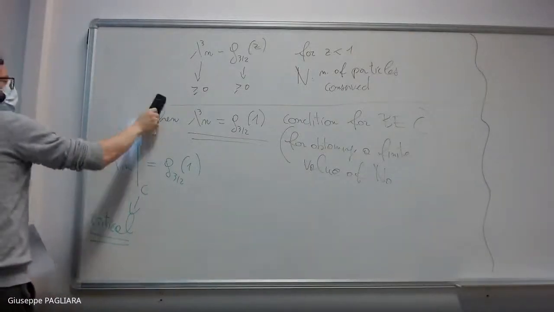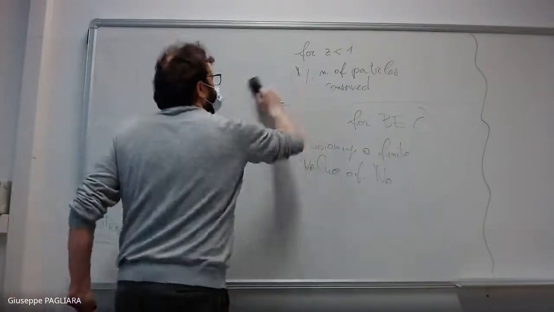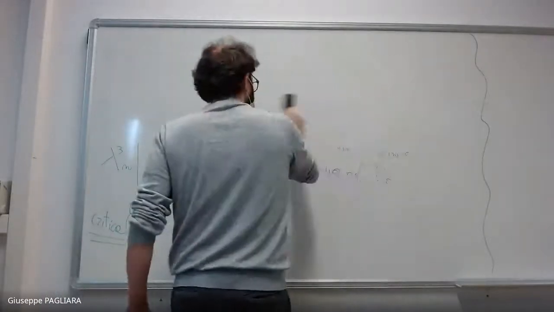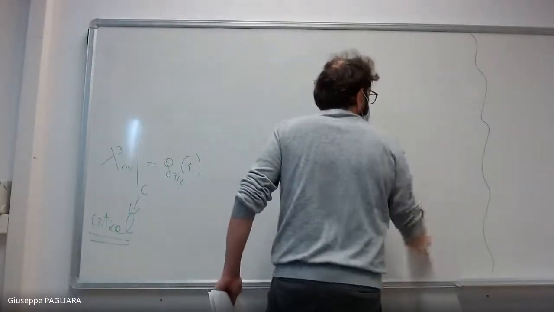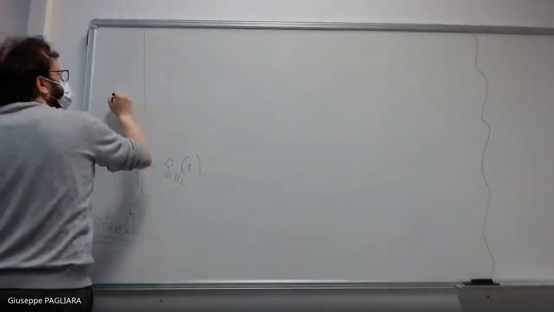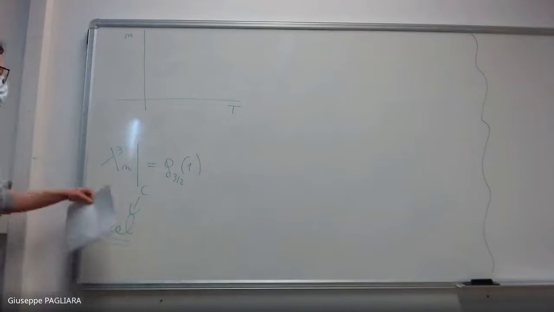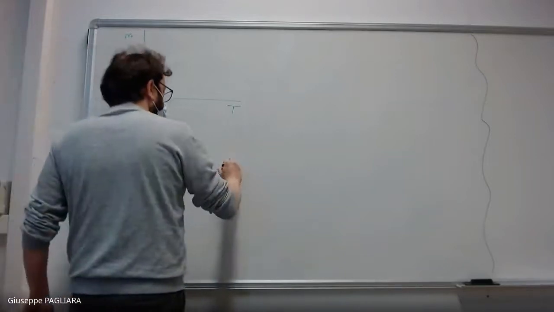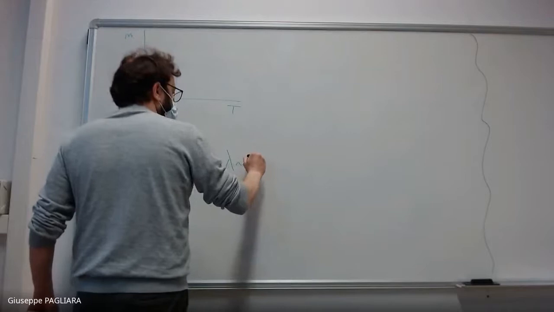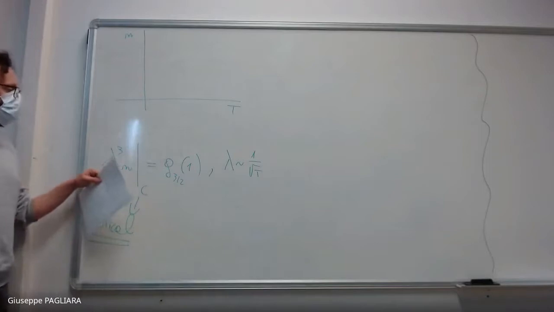The first diagram that I want to make is the n-T diagram. So if I plot here n versus T, considering that lambda scales as 1 over square root of T, here you have lambda to the power of 3, T to the power of -3/2.